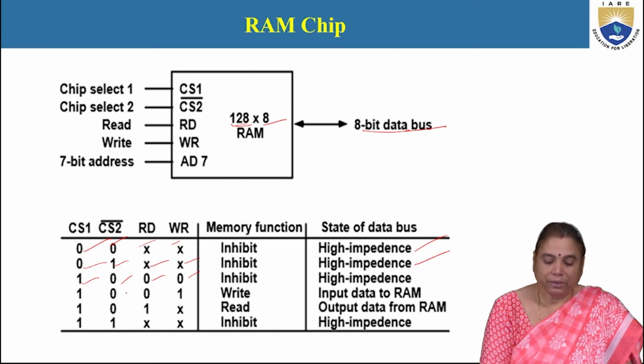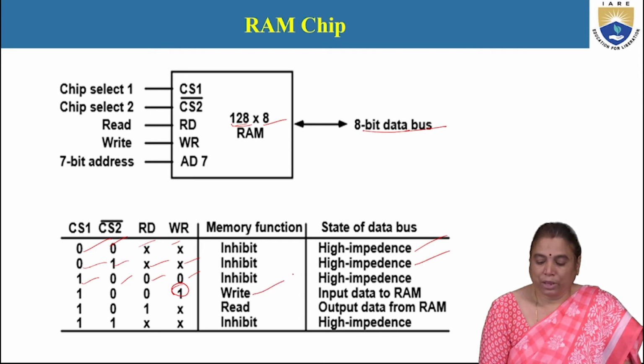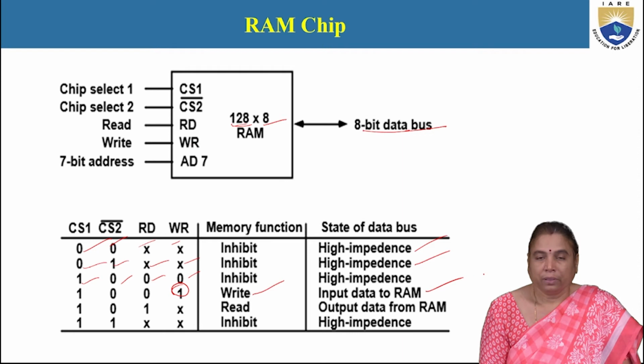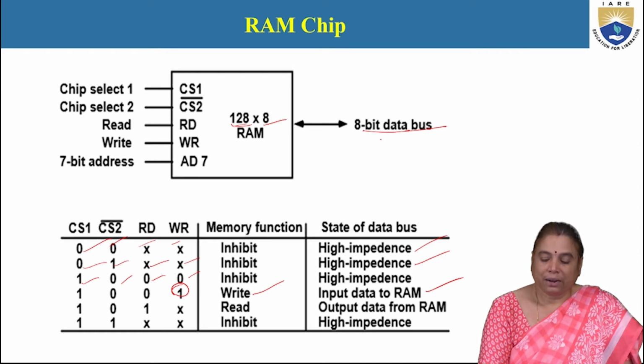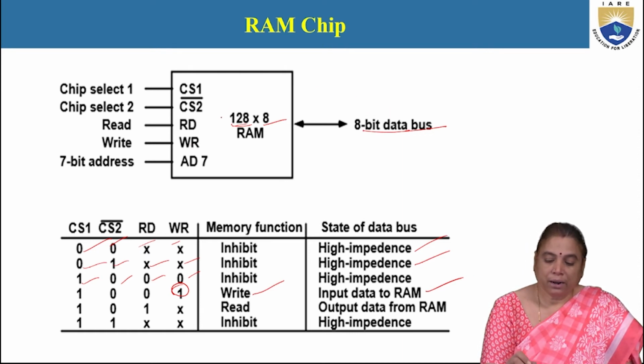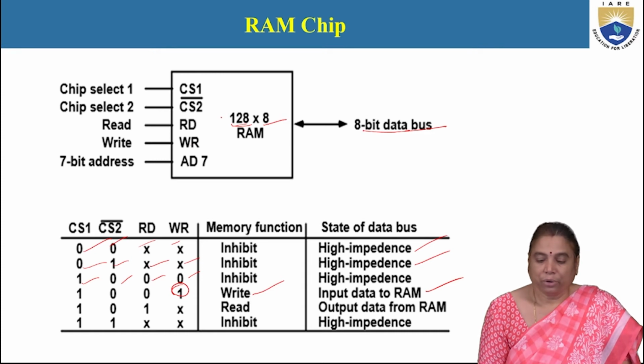When CS1, CS2 is 10 and RD is 0, WR is 1, then the write operation can be performed on the memory, input data to the RAM. That means the data on the data bus can be transmitted and written into the RAM or memory chip.